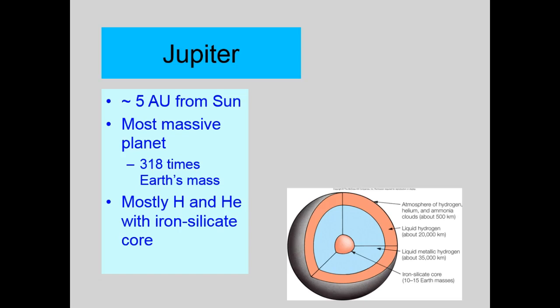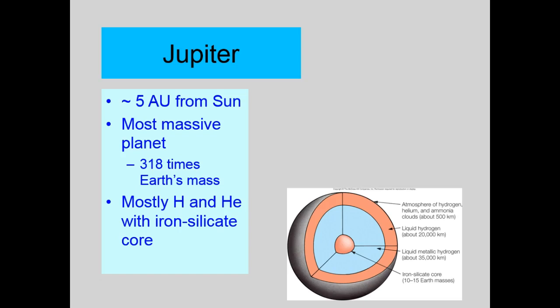Huge. Then we have liquid hydrogen, not liquid metallic hydrogen. That's here. Now this could be getting cold by the time you're out here because you're way out there, but also pressure too. So there's liquid hydrogen. And then here's your atmosphere of hydrogen, helium, ammonia.